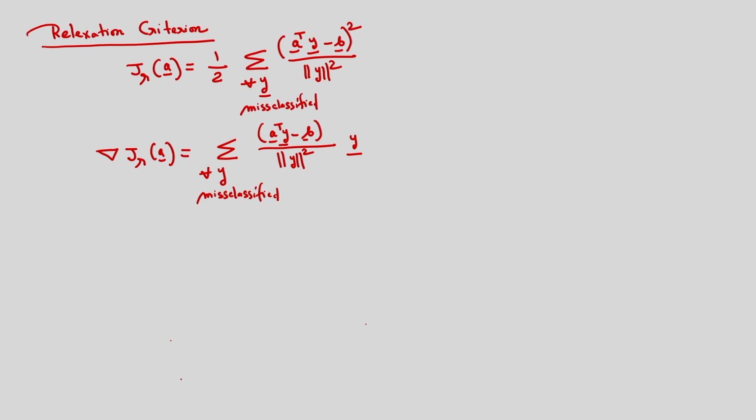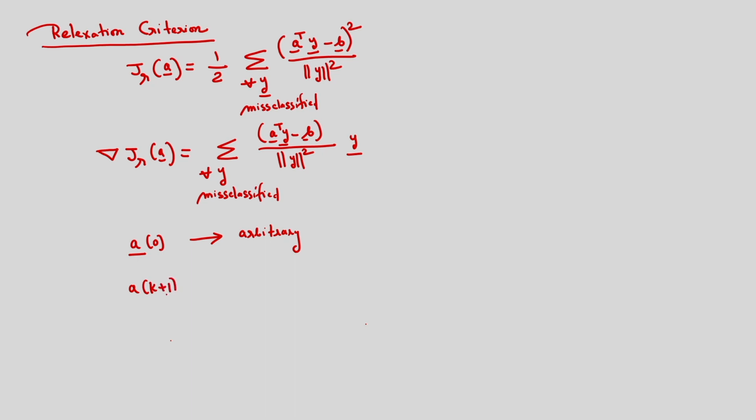Now how to implement this? I can consider the iterative algorithm like we considered in case of the Perceptron criterion. We can select A naught arbitrarily.